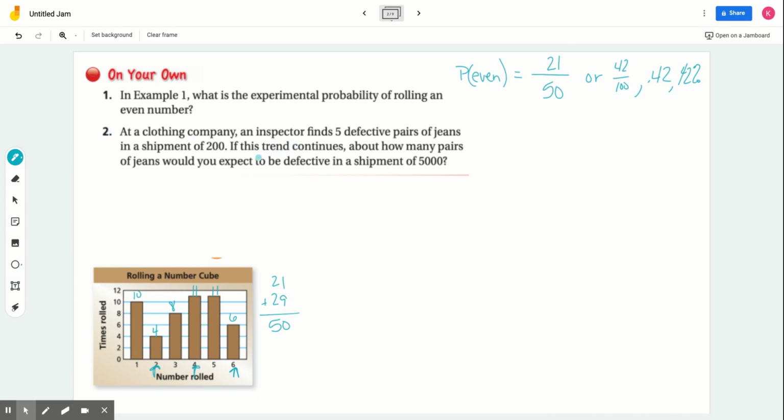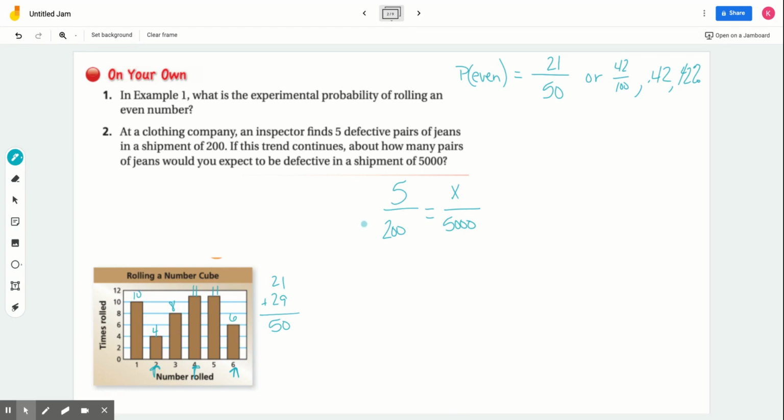So with number 2, at a clothing company, an inspector finds 5 defective pairs of jeans in a shipment of 200. If this trend continues, about how many pairs of jeans would you expect to be defective in a shipment of 5,000? So we have 5 out of 200 are defective. How many, an unknown amount, would be defective out of 5,000?